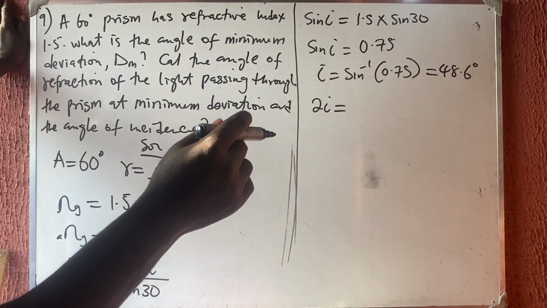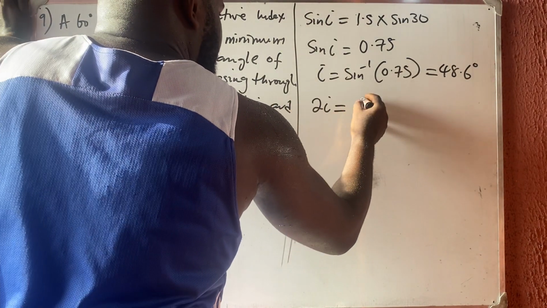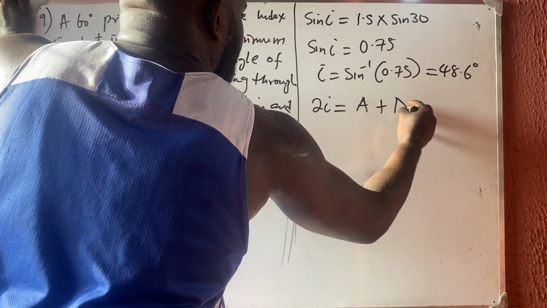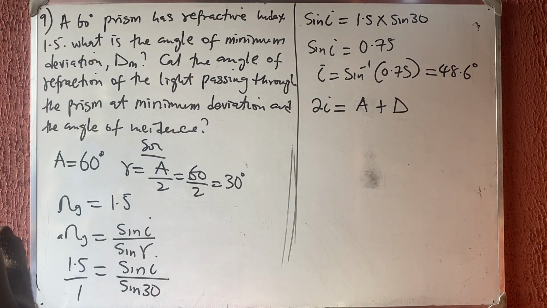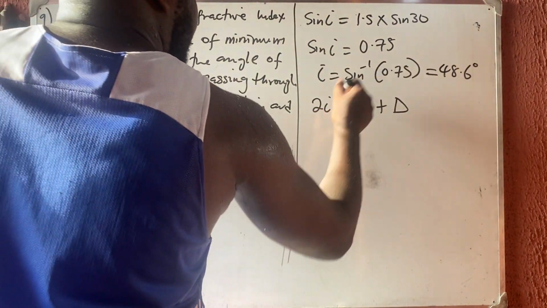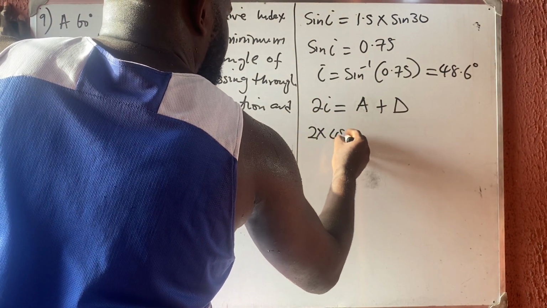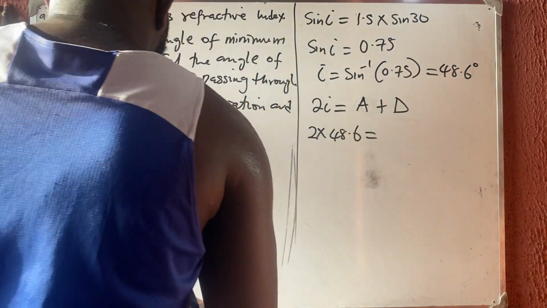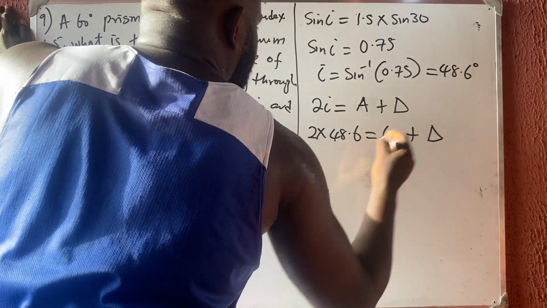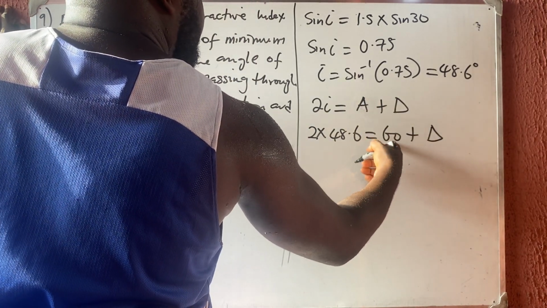Now you should know that your 2I is equal to A plus D. You should always know this, that 2I is equal to A plus D. So therefore, we will now have that 2 times 48.6 is equal to my A, which is 60, plus my D. So if I collect items, this 60 will come here.